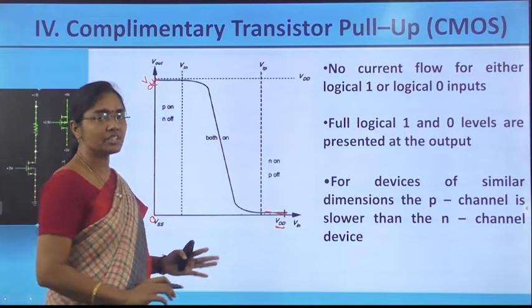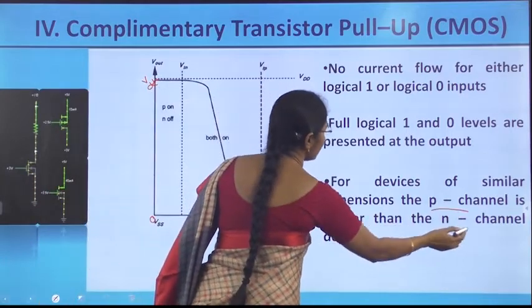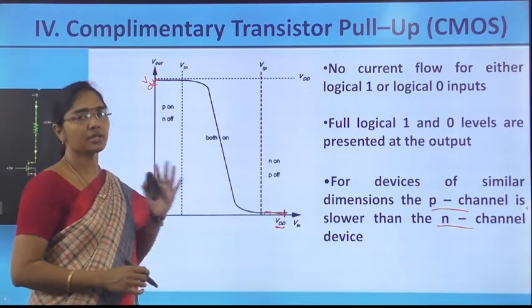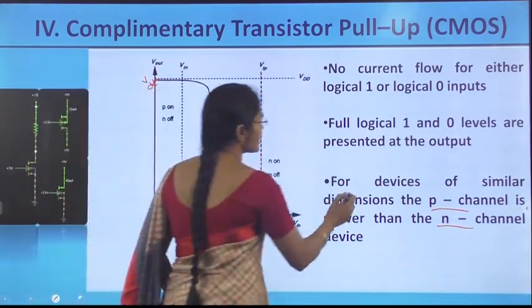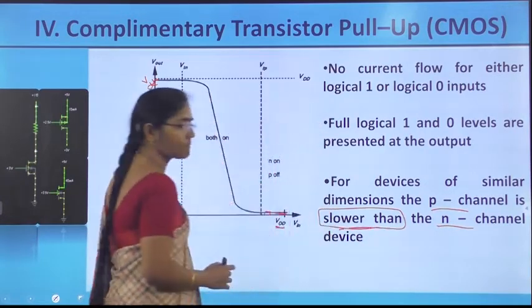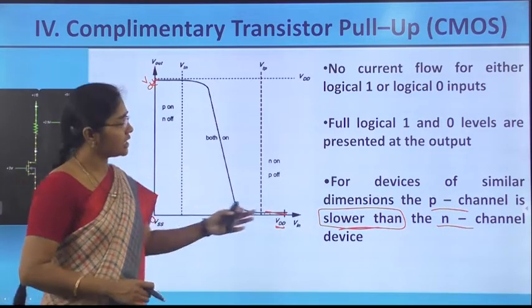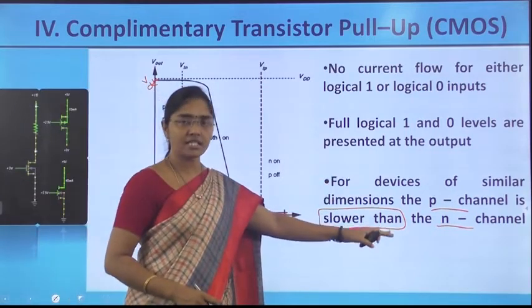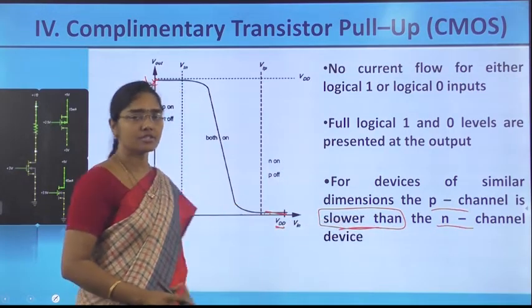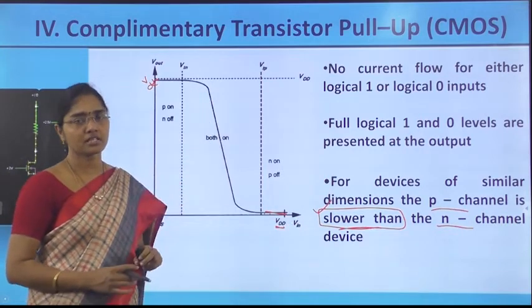But the problem with this device is, if we take the P and N channel transistors, or PMOS and NMOS transistors, of equal dimensions, then the PMOS is slower than the NMOS transistor.